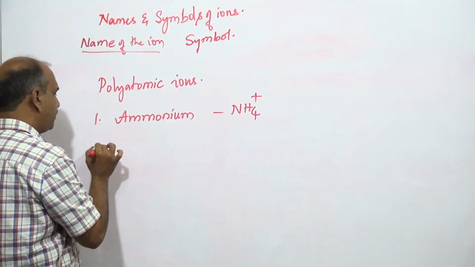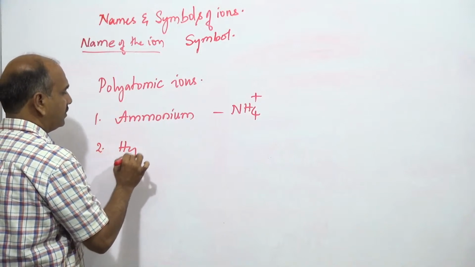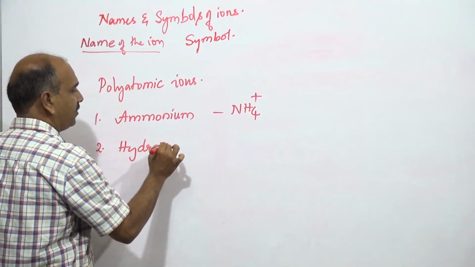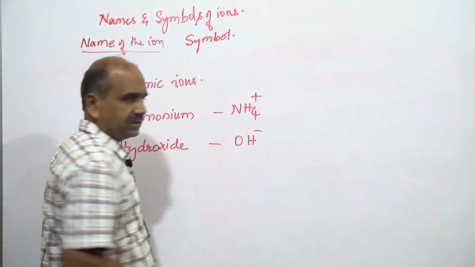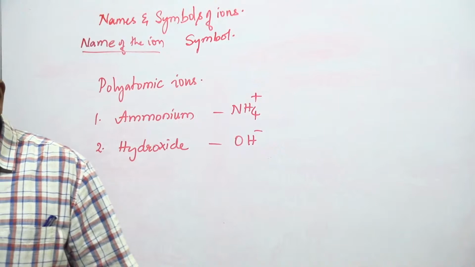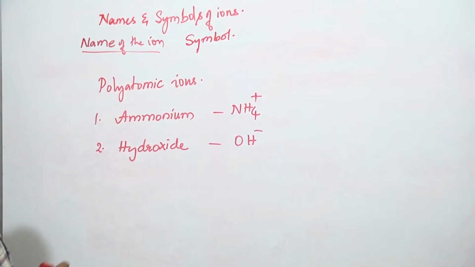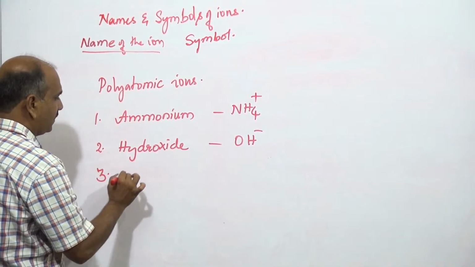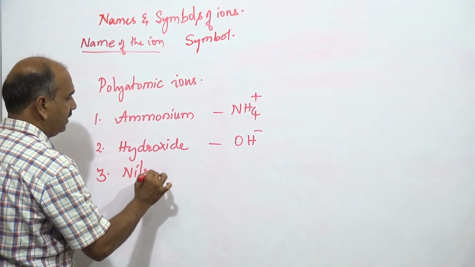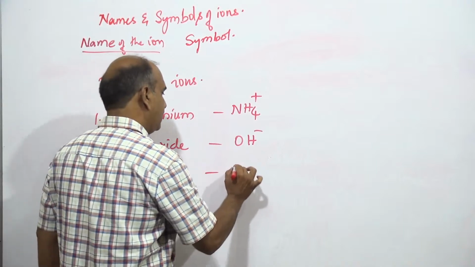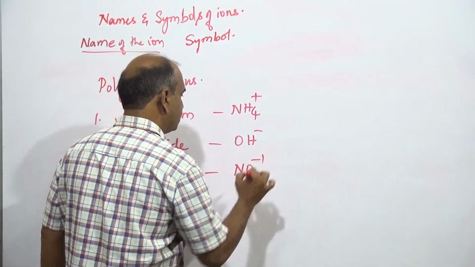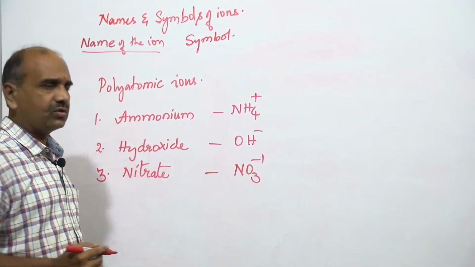Then hydroxide ion we say. Hydroxide ion is OH minus. Then we have nitrate. In this nitrate, nitrogen and oxygen. Okay, NO3 minus 1. Just minus also will do.